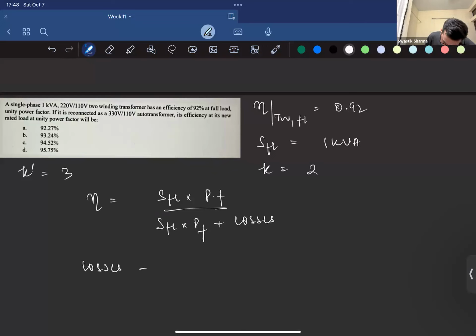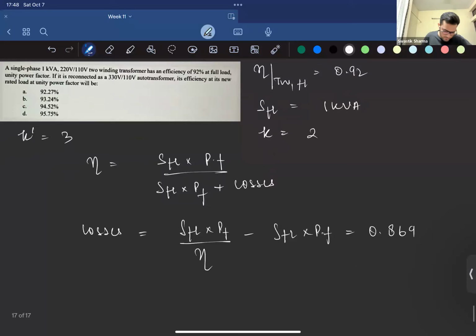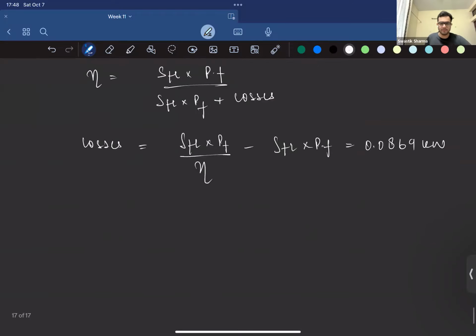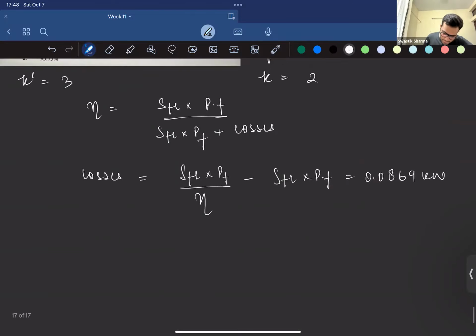So the losses come out to be S_FL into PF times (1 upon 0.92 minus 1), 0.0869, right? These are our losses, kilowatt.